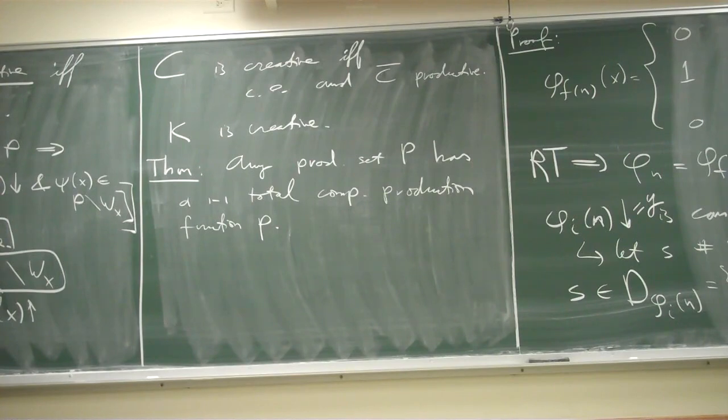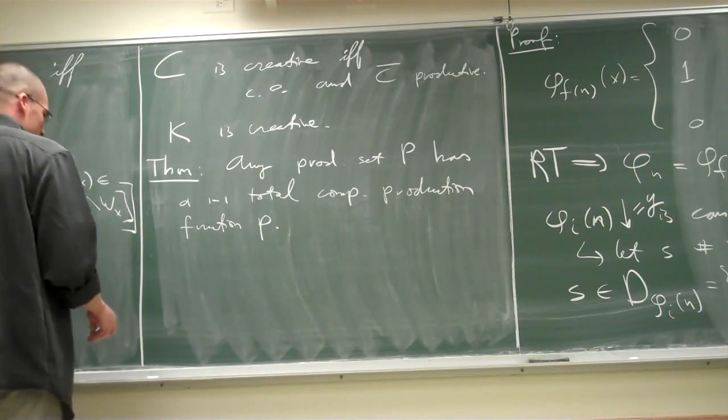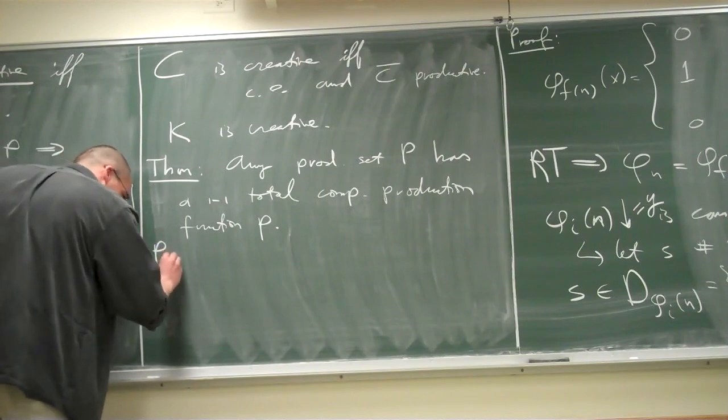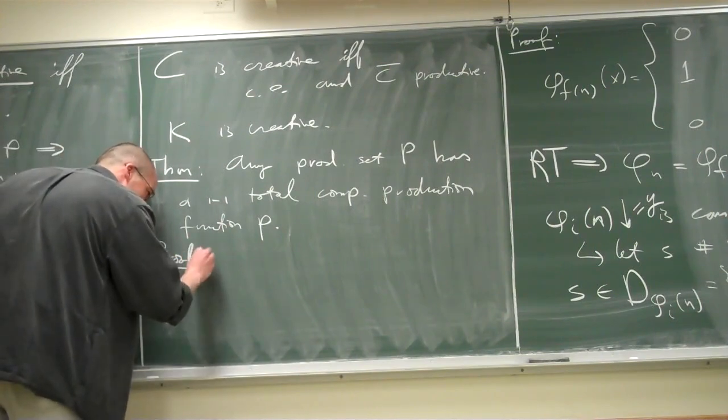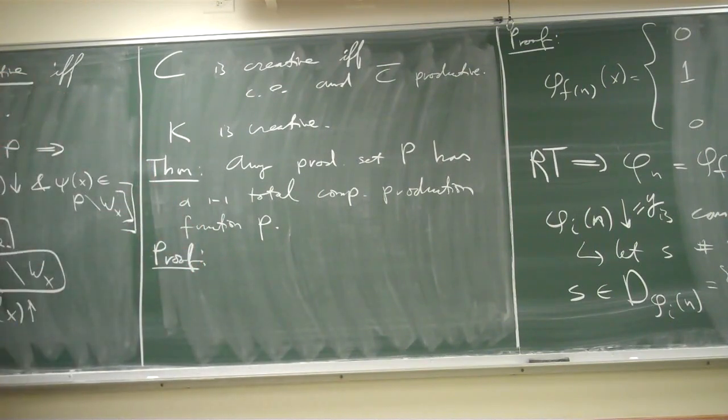Which is nice because that's exactly what we have in our one example of a productive set so far. That was the identity function. The identity function certainly is total computable and one-to-one. Any other production function can be made to be equally nice to that function.